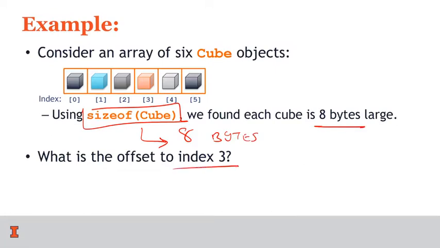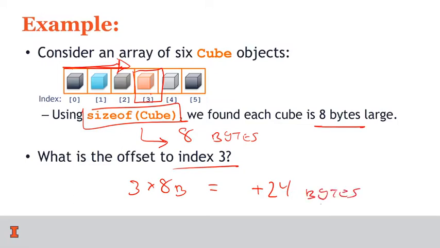Index 3 being right here, we know that it takes us 3 cubes to reach index 3. So 3 times 8 bytes means we have to advance 24 bytes from the beginning of the array to access the third index. This is really powerful because we can use a simple equation to access the exact memory location we need to go to.